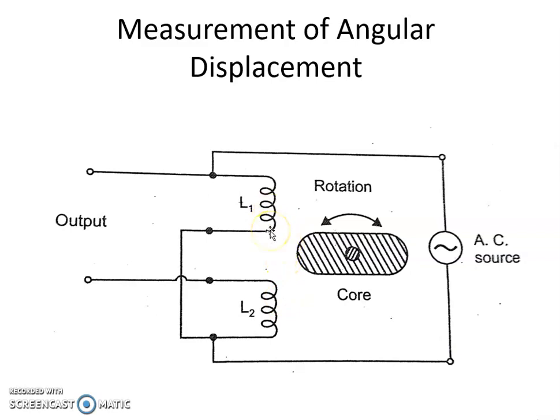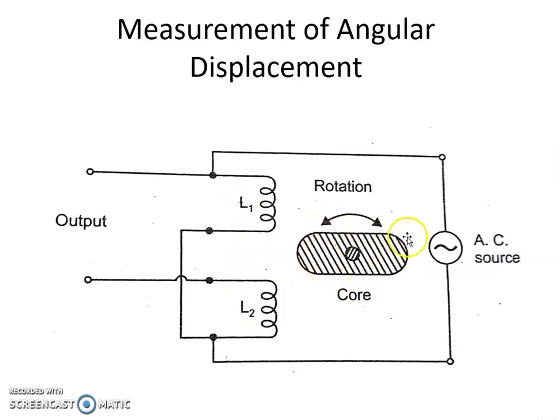These coils are placed with respect to a cam-shaped iron core such that when the core is at the center, that is at null position, the impedances of both the coils are the same. Hence, the voltages induced across the coils are also the same, though they are 180 degrees out of phase with respect to each other.